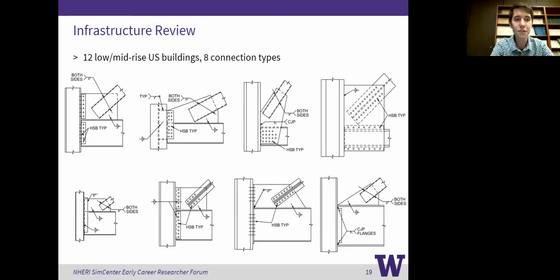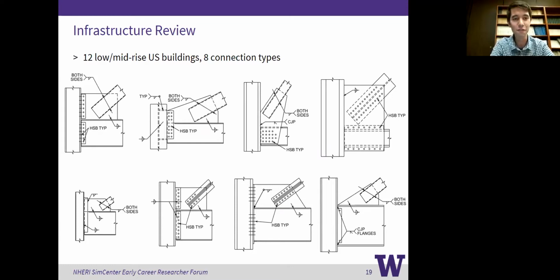In the infrastructure review, we had drawings from 12 low to mid-rise buildings from the US. There's really a wide array of different connection types, different brace types, different framing sizes. It runs the whole gamut. And so it makes doing the experiments and the analyses a little bit difficult because we know that there's such wide variation.